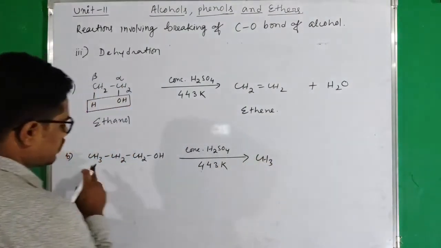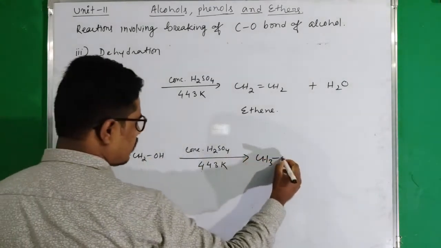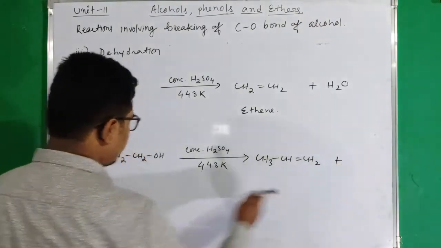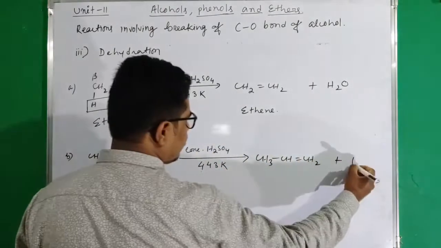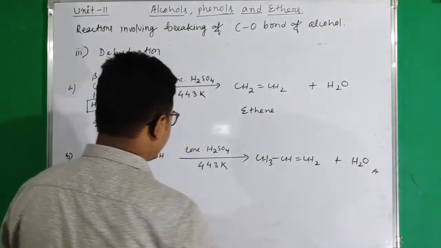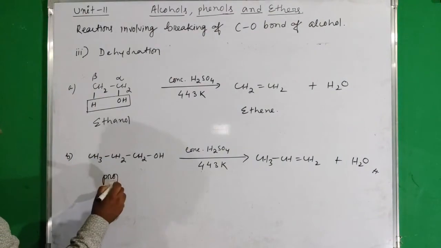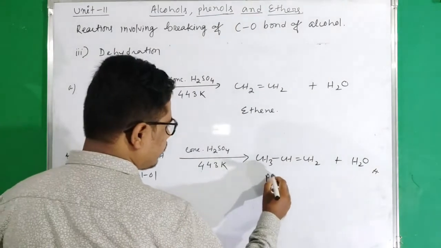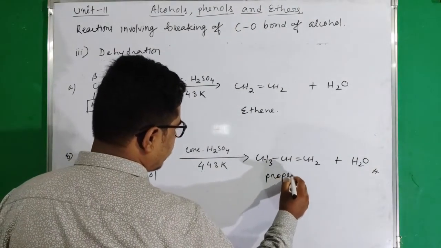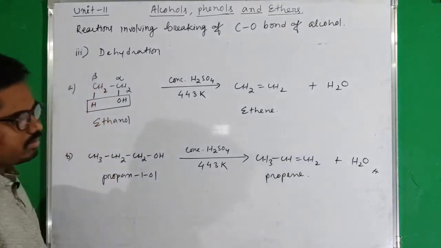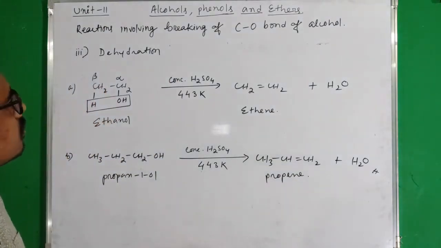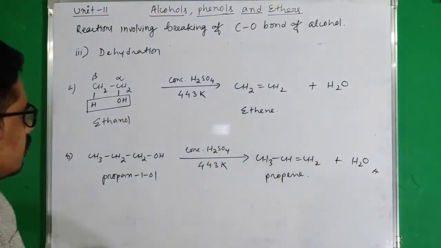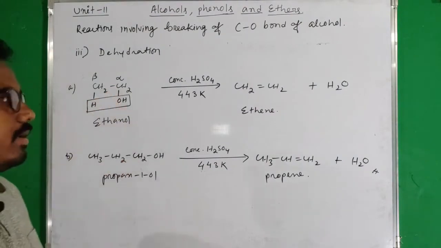That means the product is CH3-CH=CH2, and the OH and hydrogen combine to give water. So we have converted propan-1-ol into propene. This is another example of reactions involving breaking of the carbon-oxygen bond.